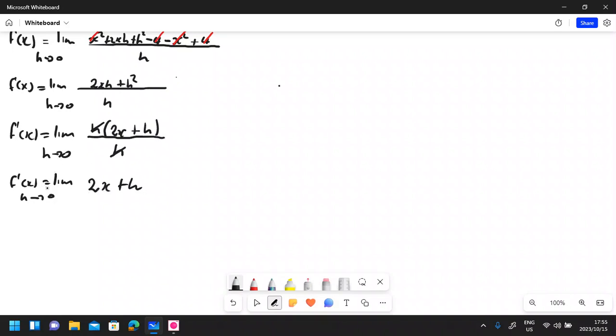Now this is one of the most important parts that you should pay attention to. When it's like this, it's time for you to substitute h. Remember, h is approaching 0, so wherever there is h, we substitute with 0. When you do the substitution, guys, do not forget that you're no longer writing the limit and h approaching 0.